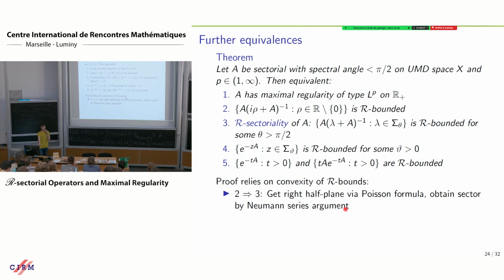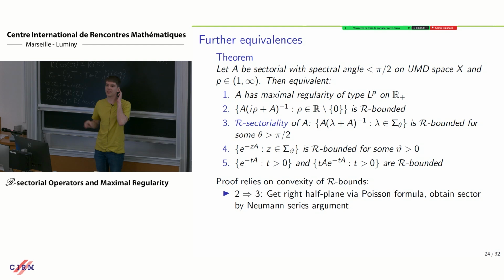So for the first direction here, if we have the R-bound on the imaginary axis, how can we extend it to the right half plane? This can be done via the Poisson formula, which is the Poisson formula from PDE theory, which gives the solution to some Laplace equation on the half space via some integral representation formula. And this can be applied here since we have a holomorphic function.